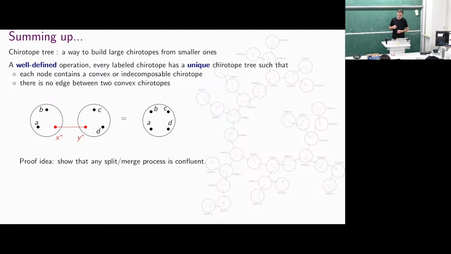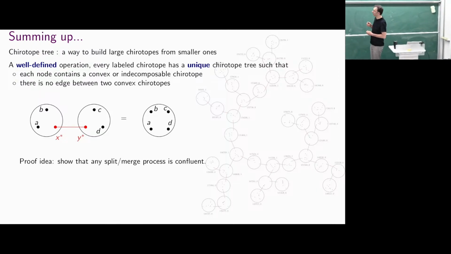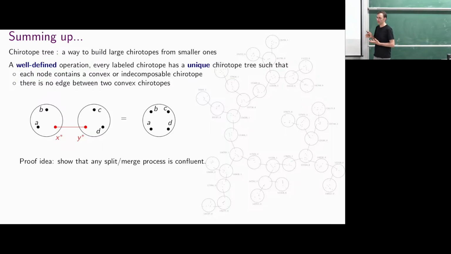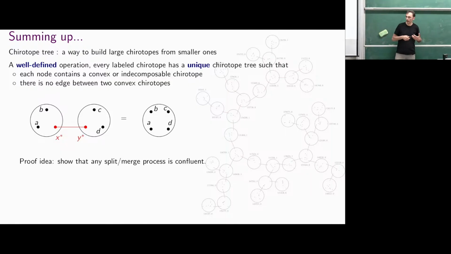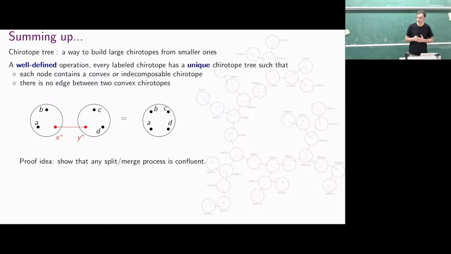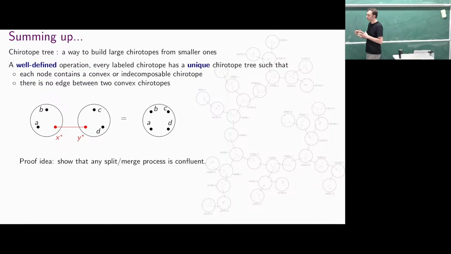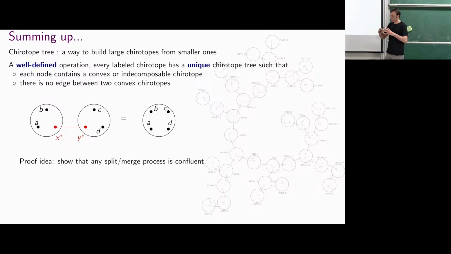And so this means that if you give me two trees and they are canonical, in the sense that they satisfy those two rules, decomposable or indecomposable, or convex with no neighbor convex, I can actually tell you whether they are the same chirotope or not. So what is indecomposable? It means that you have a chirotope that cannot be written as a bow tie of two other chirotopes.